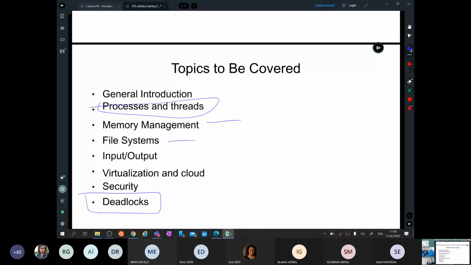So I am planning to do 45 minutes of lecture and 15-minute breaks. Usually the university says 50 minutes of lecture and 10 minutes of break, but due to the COVID conditions, we like to take 15 minutes of break. During the breaks, please don't sit in the class, just go outside and get some fresh air.